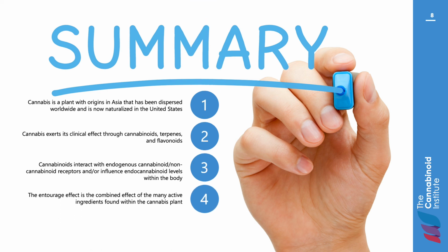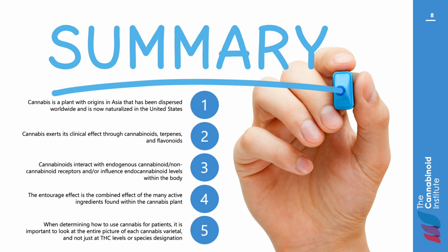The entourage effect is the combined effect of the many active ingredients found within the cannabis plant. When determining how to recommend cannabis for patients, it is important to look at the entire picture of each cannabis varietal and not just at the cannabinoid levels or species designation.